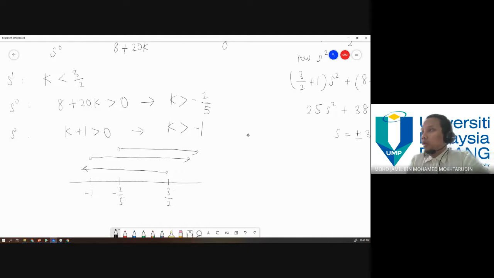Okay, so on this section, all of the lines intersect each other.